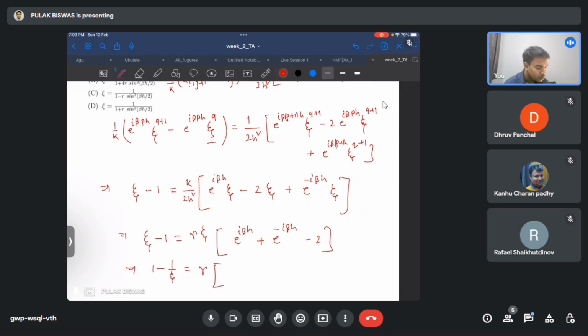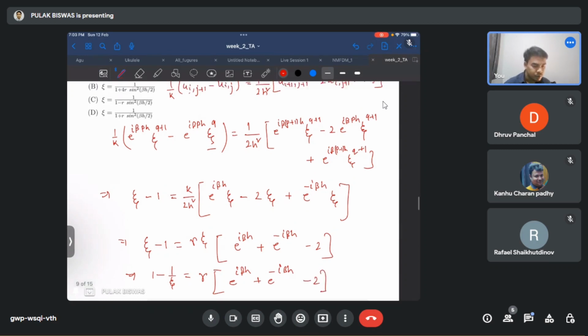What is the value of this one? Like e to the power i beta h plus e to the power. Don't tell me this one, I forget.